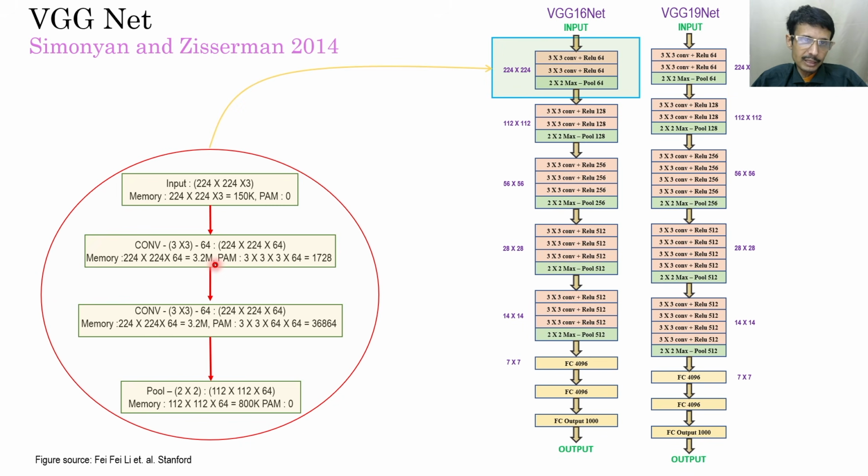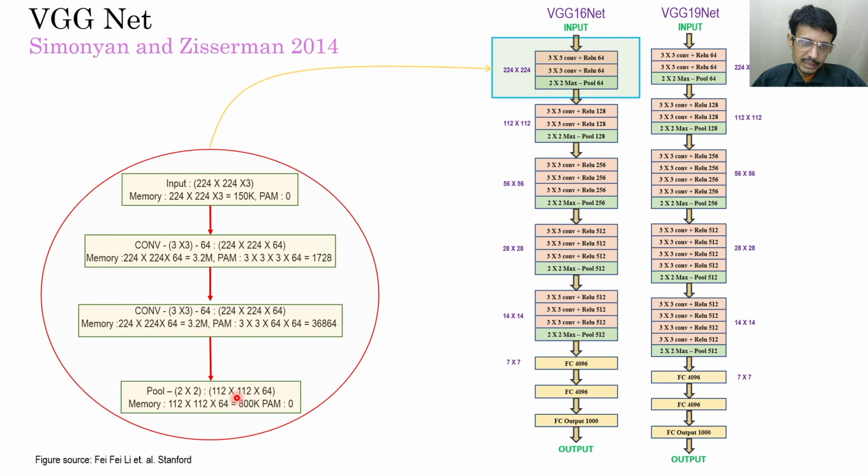Memory is 3.2 million and parameters are 1728. This is the first convolution layer. The second convolution layer is another 64 convolutions, 224x224x64. Memory is 3.2 megabytes and parameters are 36,864. The pooling layer is 2x2.